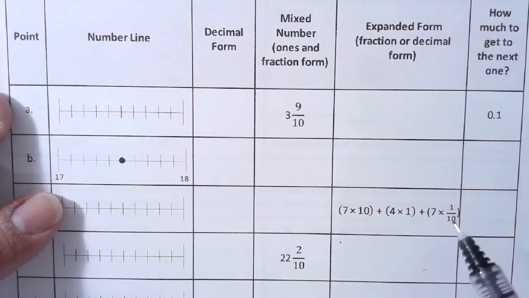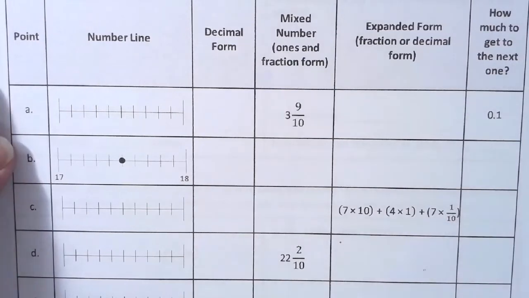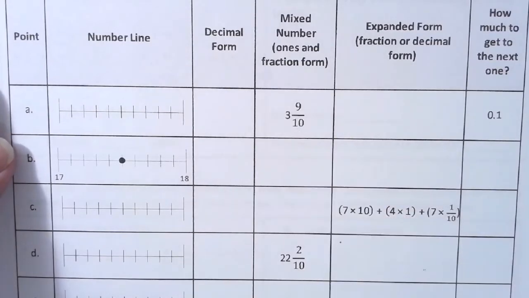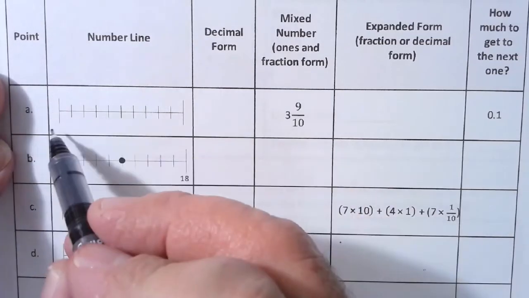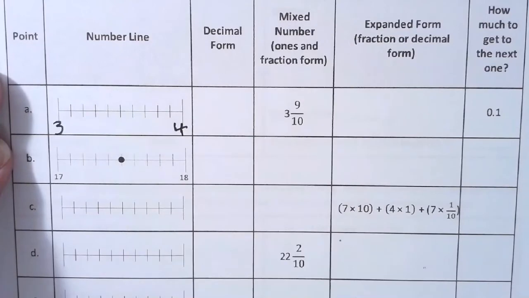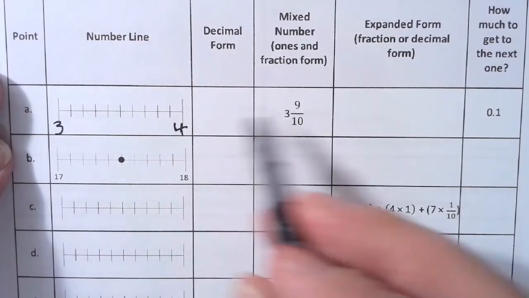All right, so A, it gives us the mixed number as 3 and 9/10. So I know I'm talking about a whole number and 9/10. And then they tell me I only need one more tenth to get to 4. The next whole number is 4. So I can go ahead and build my number line that's between 3 and 4. And it says it is 9/10.